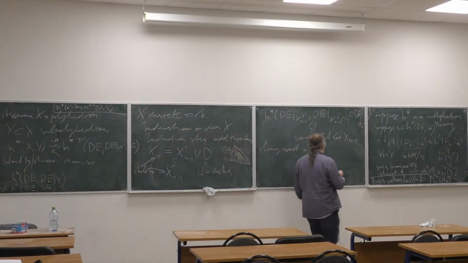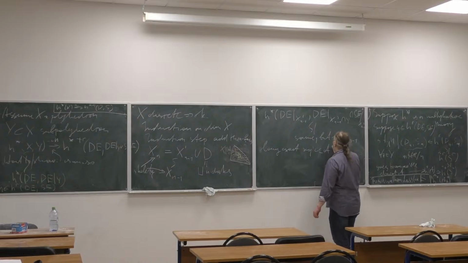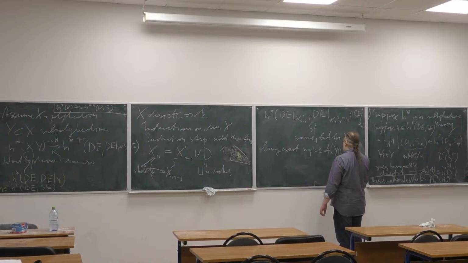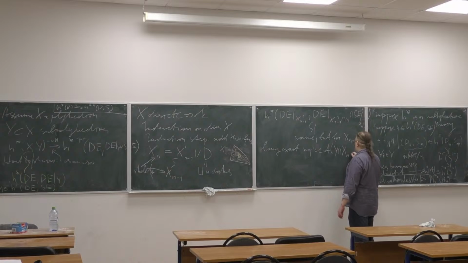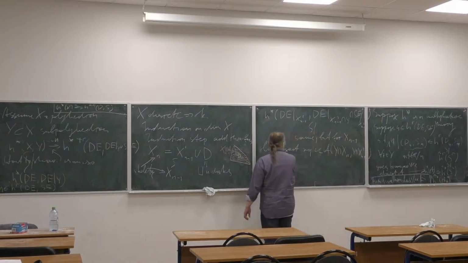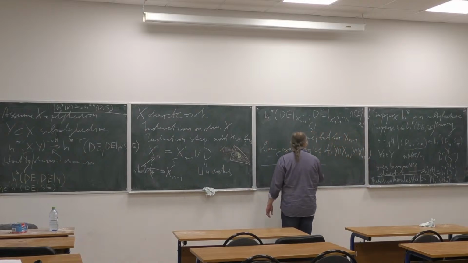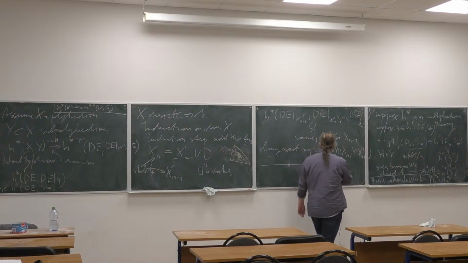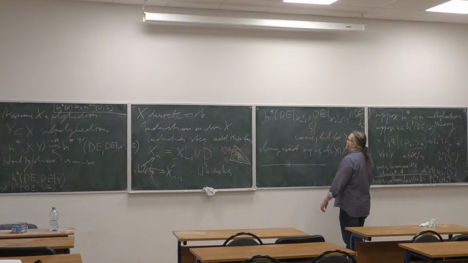Firstly, we want to compare the long exact sequence of the couple Y intersected with X_n, Y intersected with X'_{n-1}.